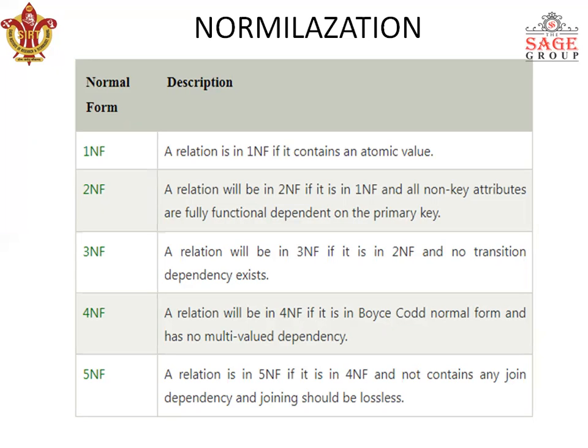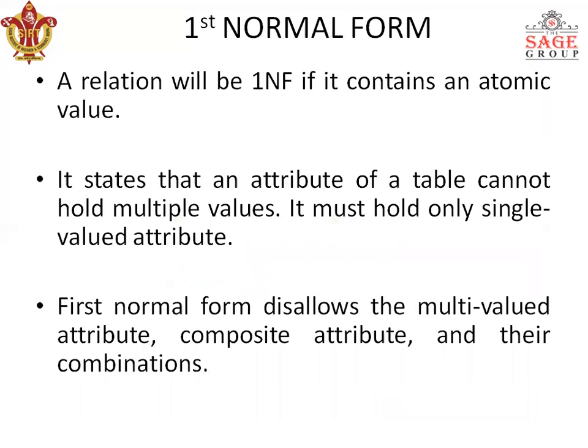And a relation is in fifth NF when it is already in fourth NF and does not contain any join dependency, and joining should be lossless. So these are the 5 types of normalization, and we will start with first normal form.